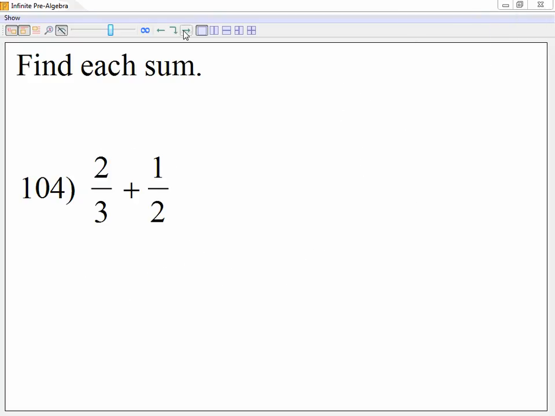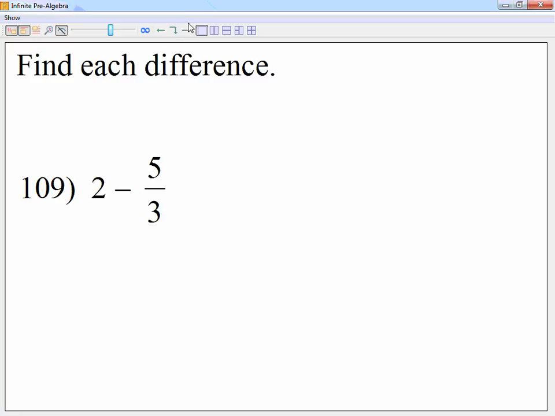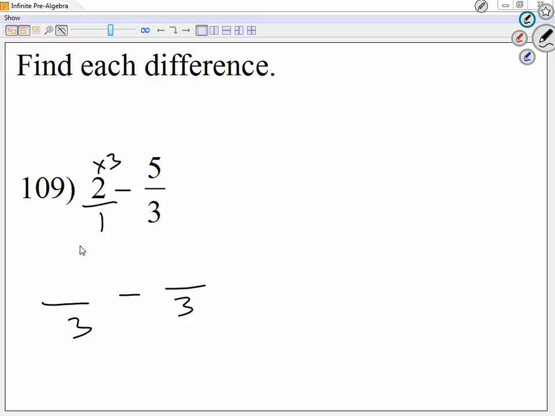For 109, we have subtraction. Since I'm dealing with fractions, make sure everything is a fraction. And if it's not a fraction, make it a fraction by putting a 1 at the bottom. I know they don't have a common denominator. 1 and 3 is not common, but I know both numbers, 1 and 3, go into 3. 1 goes into 3 three times, so multiply the top by 3. 3 goes into 3 one time, multiply the top by 1.